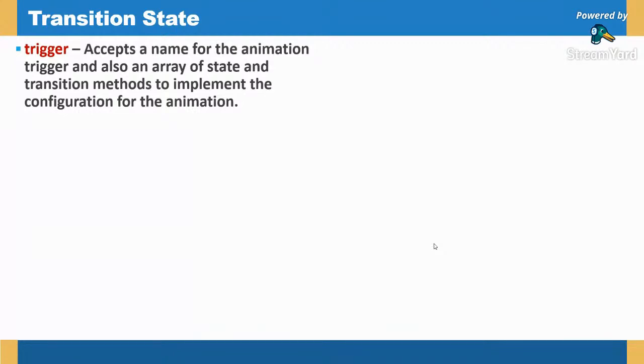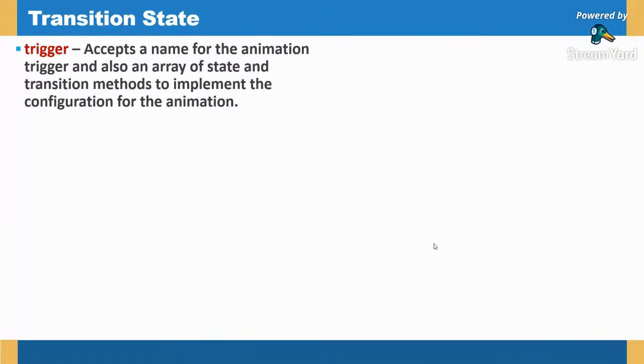Now after that, we need to mention the trigger effect. So that when this particular element reaches a particular state, or we want to change the state from one state to another state, then what will be the trigger? Like what changes will be applied in the browser, or what changes will be applied on that particular element. That needs to be mentioned. So that part is known as the trigger. Trigger basically accepts a name of the animation's trigger, and also an array of state and transition methods to implement the configurations for the element.